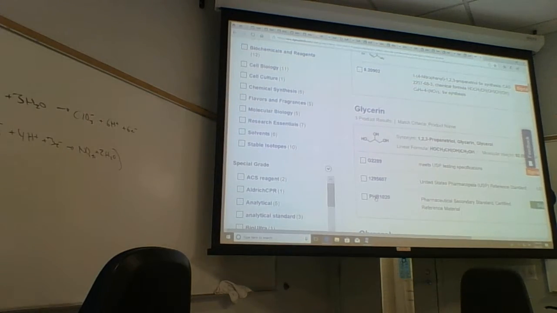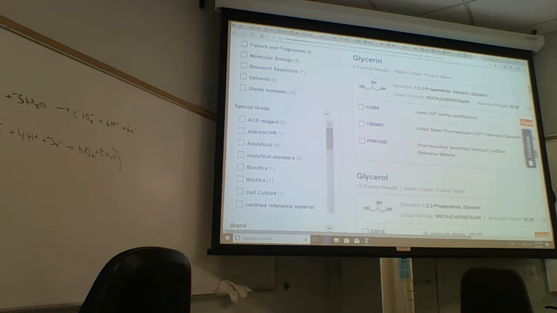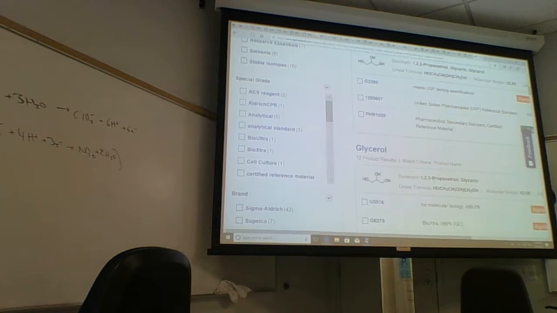Usually a fatty acid part attaches to this, and we create a fat molecule. When you start to digest fat, you get the glycerin or glycerol molecule. It's also called 1,2,3 propane triol, i.e. glycerin or glycerol.